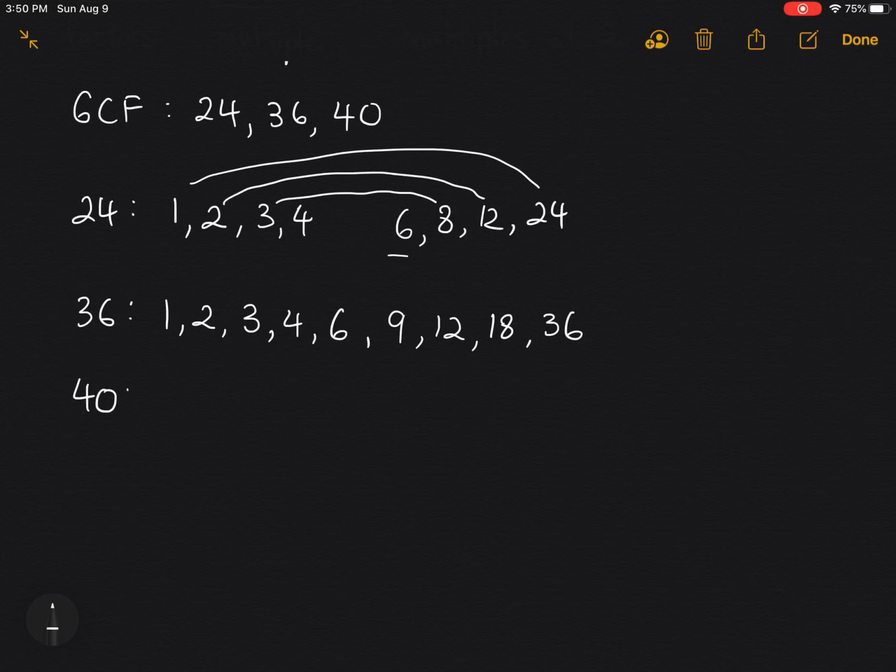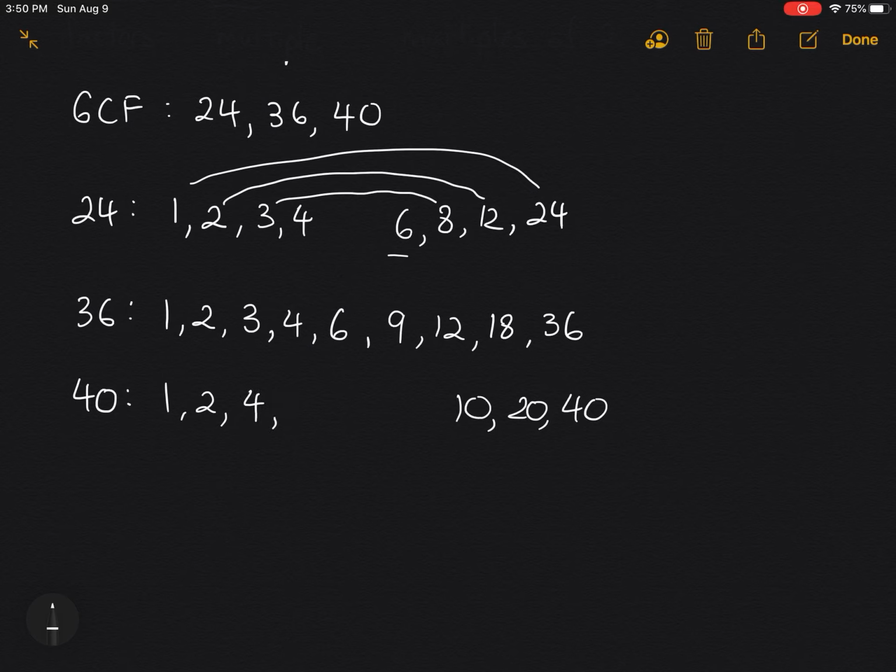Last number, 40. We have 1 and 40. And then 2 times 20 gives us 40. And then we think of the number 3. Can 3 be multiplied with a number to give us 40? No, it can't. So we skip to the next number, 4. 4 times 10 gives us 40.